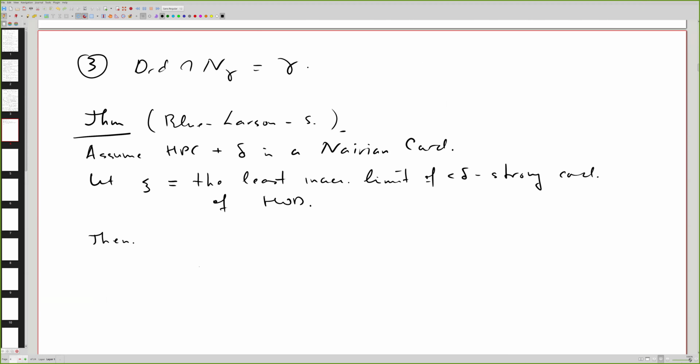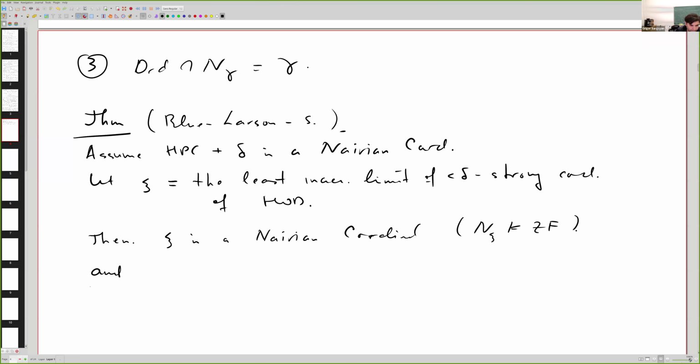Psi is the least inaccessible limit of less than delta strong cardinals of phi, then psi is a Nairian cardinal. So this means that N psi is a model of ZF.